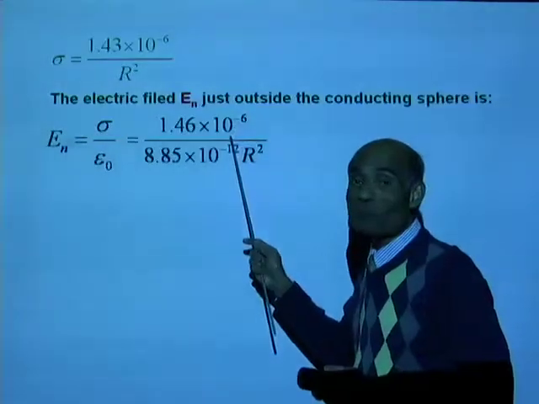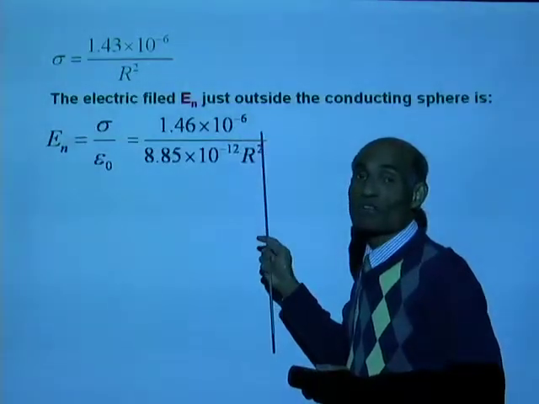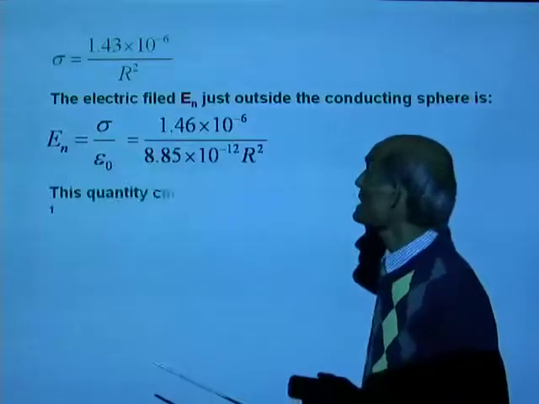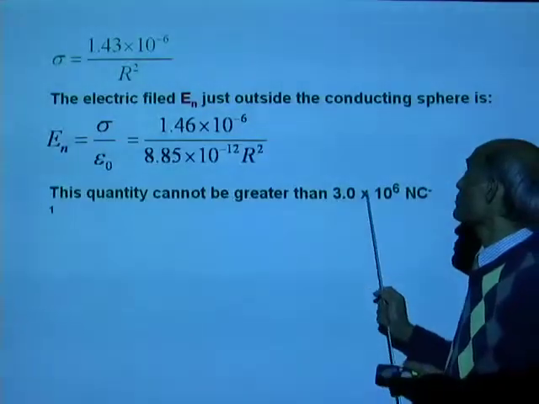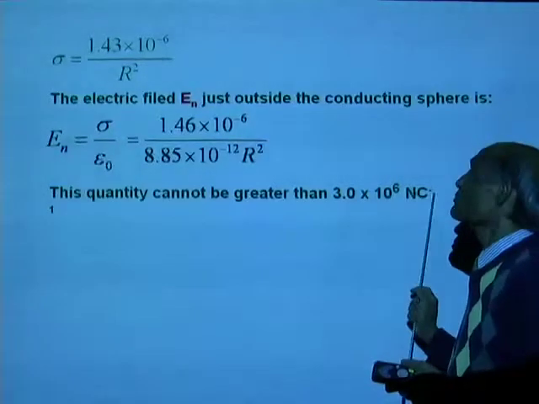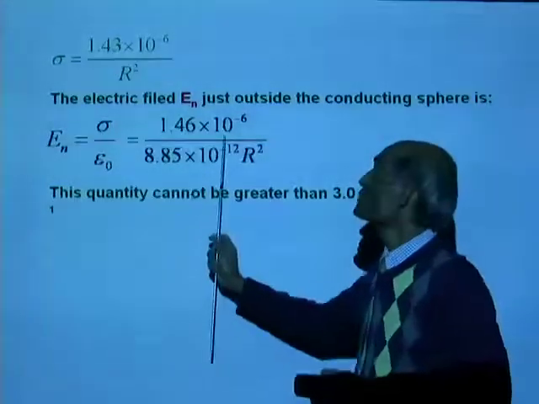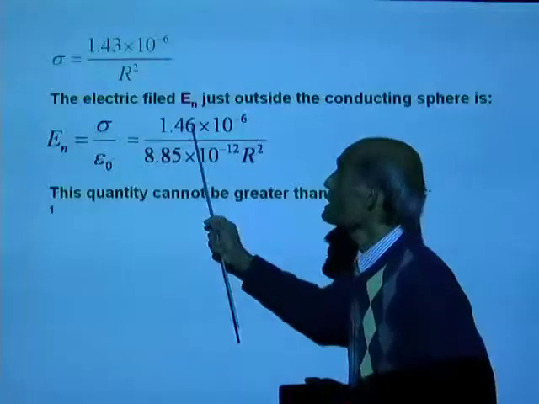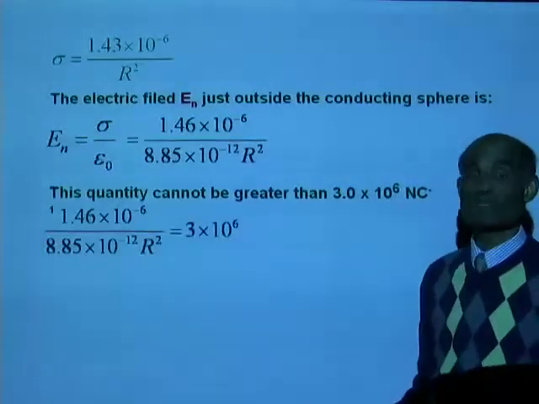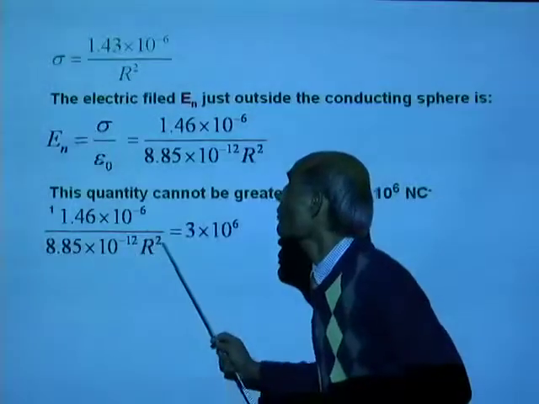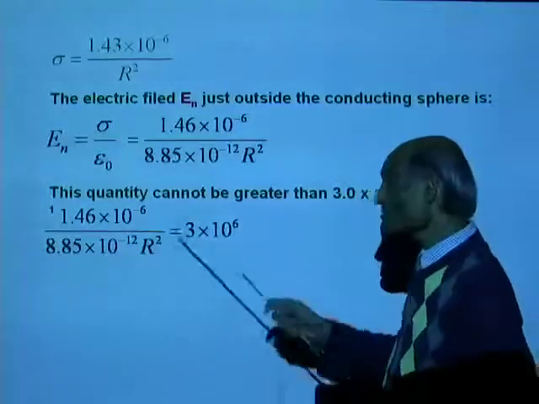And what is the maximum possible value of this? 3 times 10 to the 6. This quantity cannot be greater than 3 times 10 to the 6 Newton per Coulomb. So we take this quantity and set it equal to 3 times 10 to the 6, and then solve for r. That's a very simple equation.